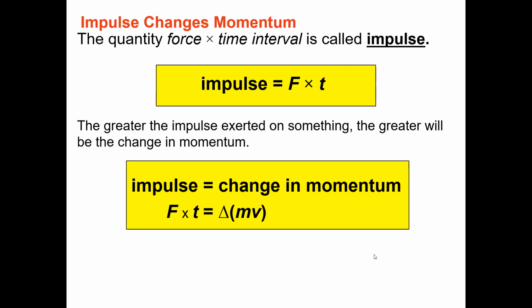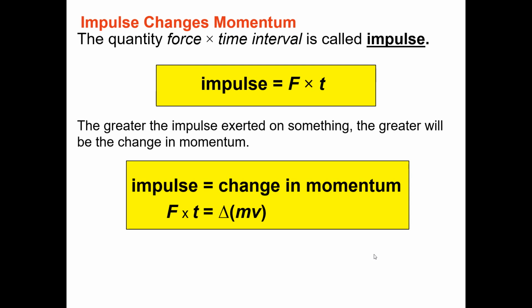If impulse is force times time, and if impulse means change in momentum, you guys know from math class that we can use the delta symbol to mean change. So if momentum is mass times velocity, we could show change in momentum as being delta times mv. But remember from earlier, we said mass doesn't usually change.